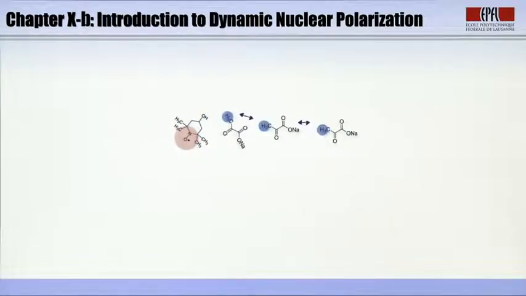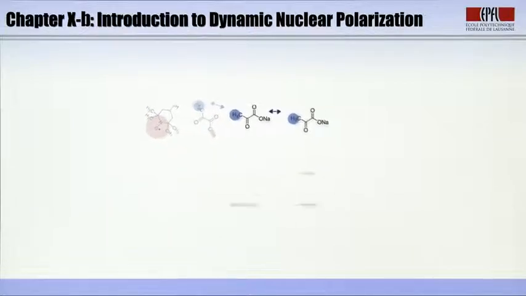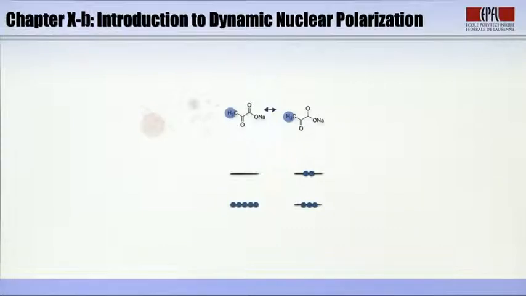So now let's take our line of nuclear spins in our pyruvate molecule and let's add an electron spin here, a nitroxide. So what we said before is that the nuclear spin diffusion might transport the polarization spatially from one molecule to the other. Now let's see how this is working.